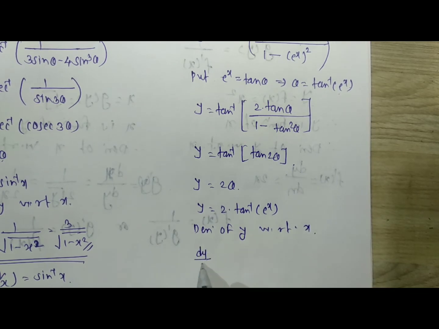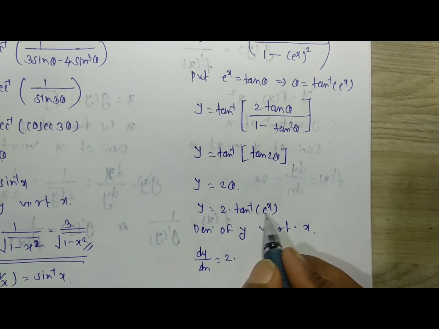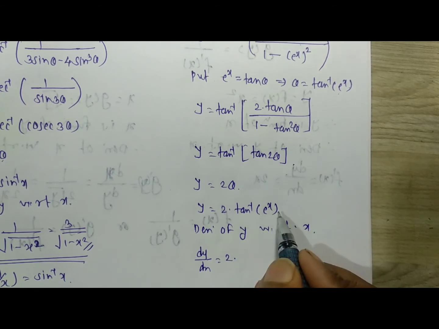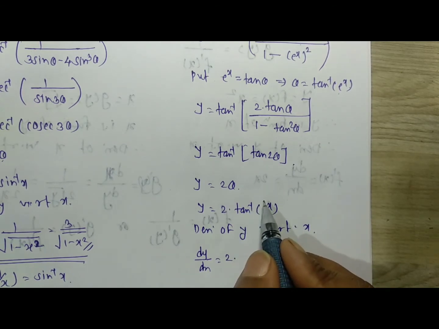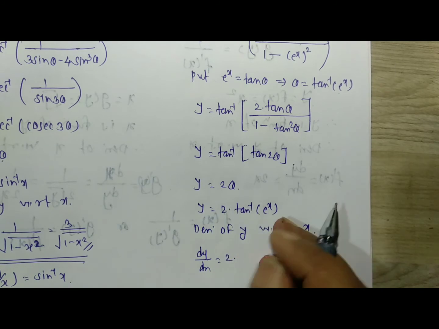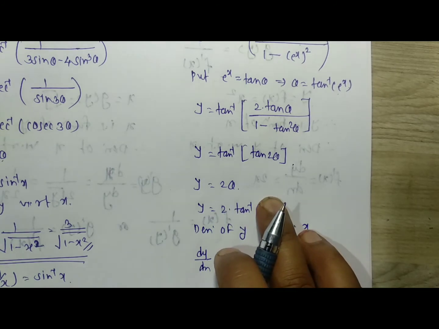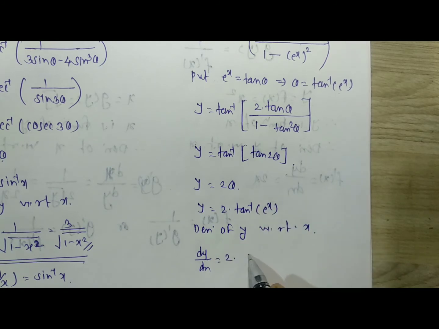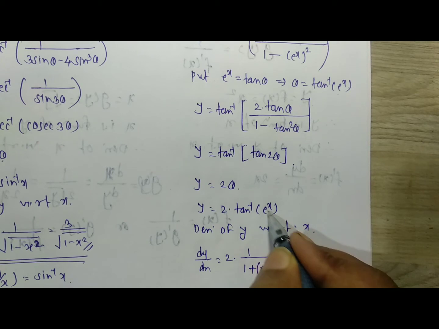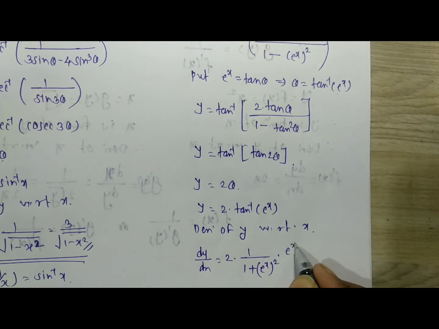Then dy by dx is equal to 2, a constant, taken as it is, times the derivative of tan inverse e raised to x. Tan inverse is a composite function, and therefore first of all we have to cover that, and tan inverse has the derivative 1 divided by 1 plus x square, so 1 divided by 1 plus e raised to x whole square, into once again the derivative of e raised to x, which is nothing but e raised to x.